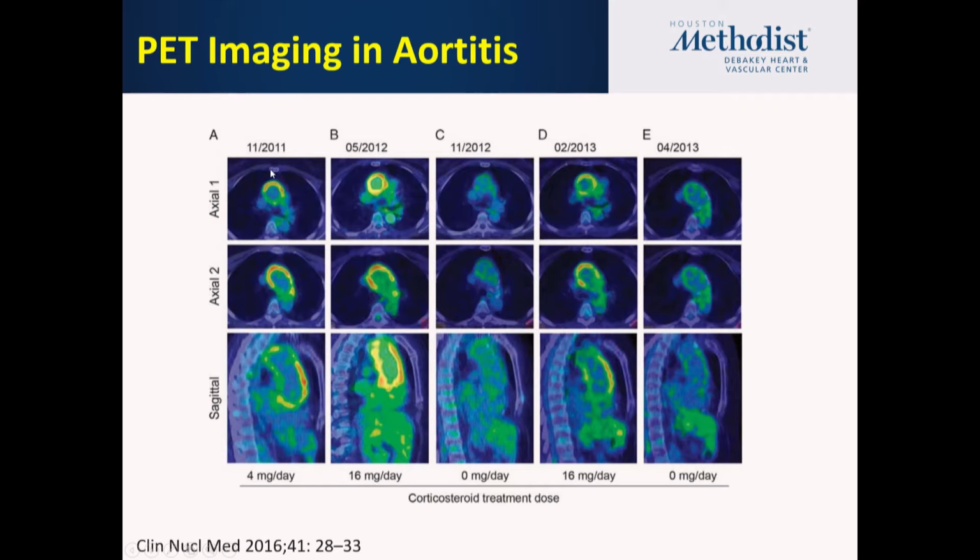So here's a patient who was diagnosed in November 2011, and he was started on steroids, for example. Following him up in May 2012, the dose was very small, at 4 milligrams. Now, when they followed the patient up at 6 months, there is even an increase in the uptake, and you can see the inflammation is getting worse.